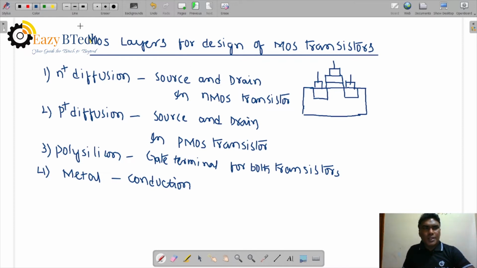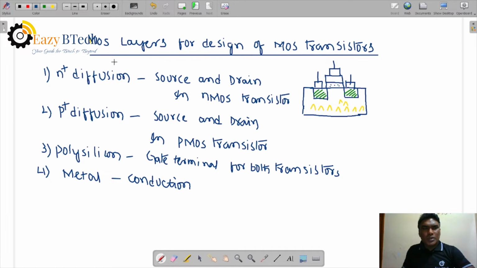If it is an NMOS transistor, the substrate area is a P-type substrate, represented with lines. The diffusion is N plus diffusion. The SiO2 layer is a dielectric layer between the source and drain and the polysilicon.